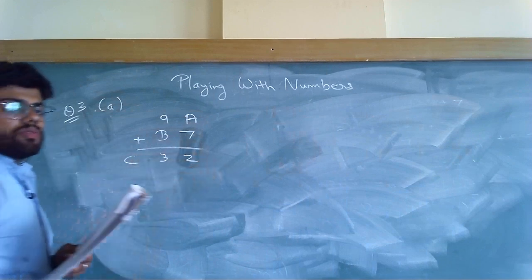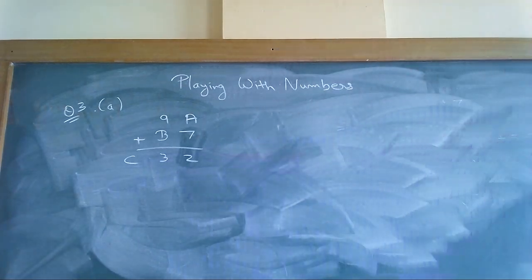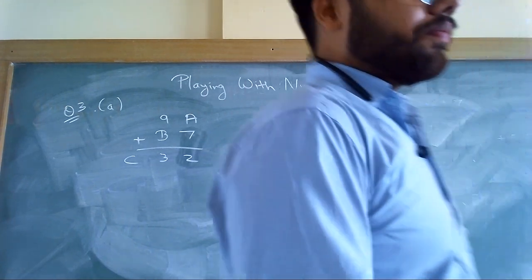Now we have to solve this. 9A plus B7 equals 432. We have to find the values of A, B, C.